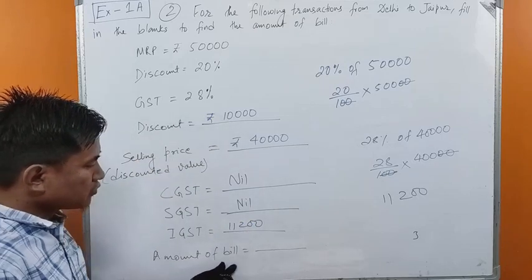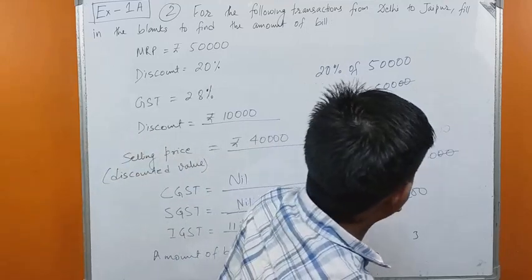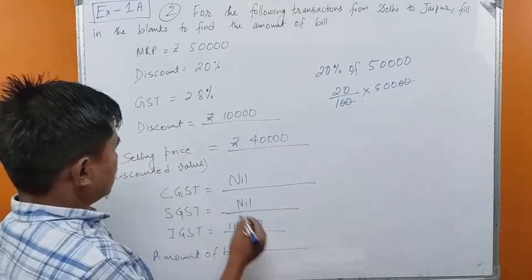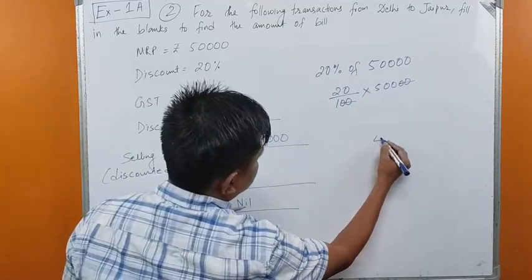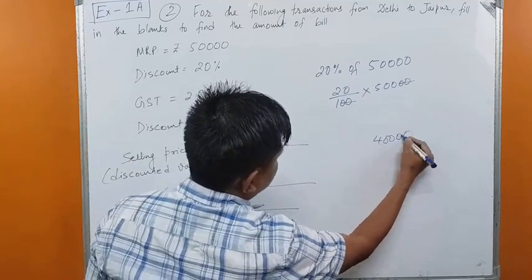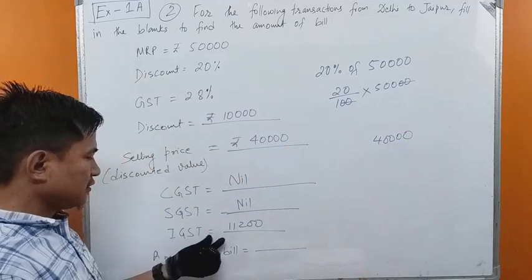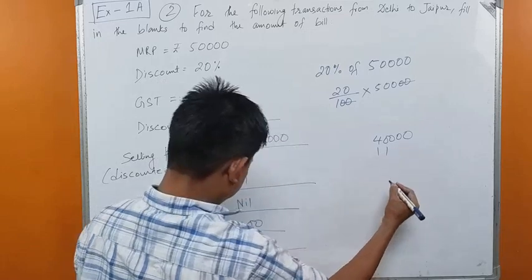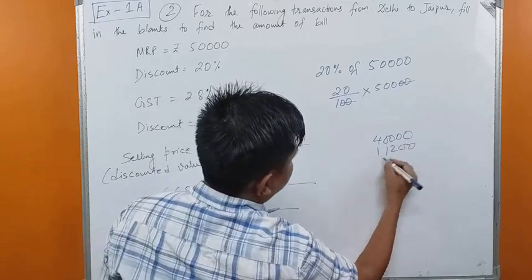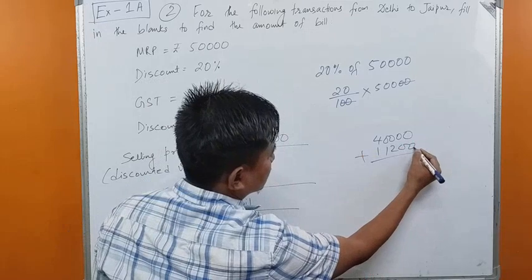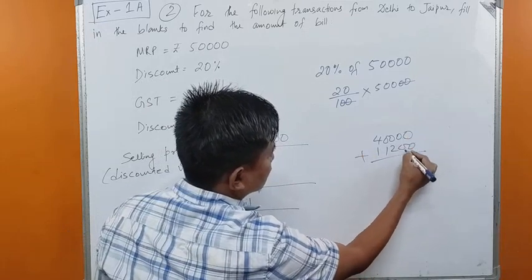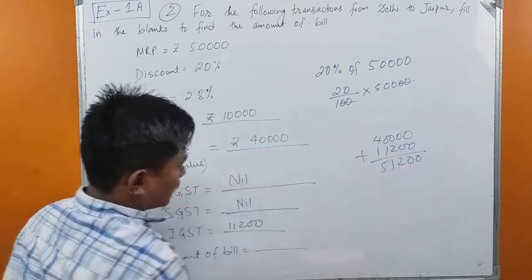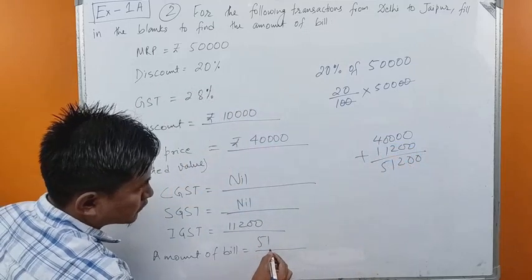Amount of bill. So what will be the amount of bill? Amount of bill means selling price plus tax. What is the selling price? 40,000 is the selling price. And what is tax? IGST is 11,200. Let's add up. 0 plus 0 is 0. 0 plus 0 is 0. 2 plus 0 is 2. 1 plus 0 is 1. 4 plus 1 is 5. 51,200.